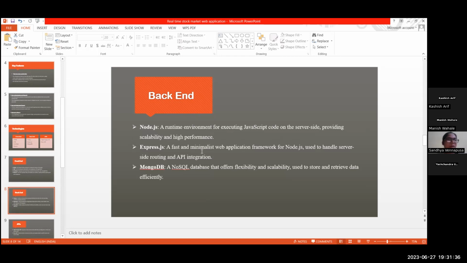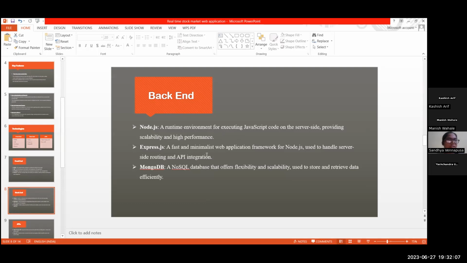Next, on the backend part, the backend of the web application handles requests, processes them, and manages and interacts with the database. Node.js is used for executing JavaScript code on the server side. It provides scalability and high performance. It helps us to handle multiple user requests.